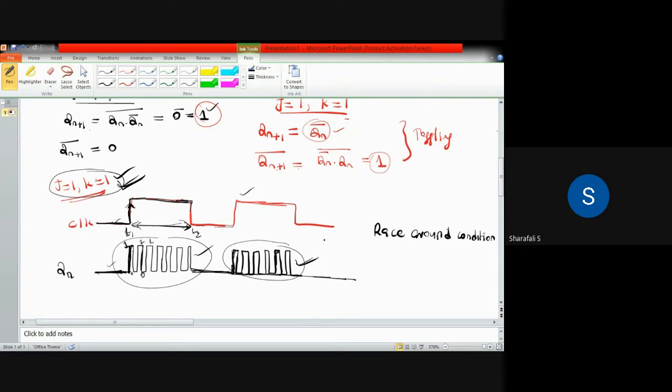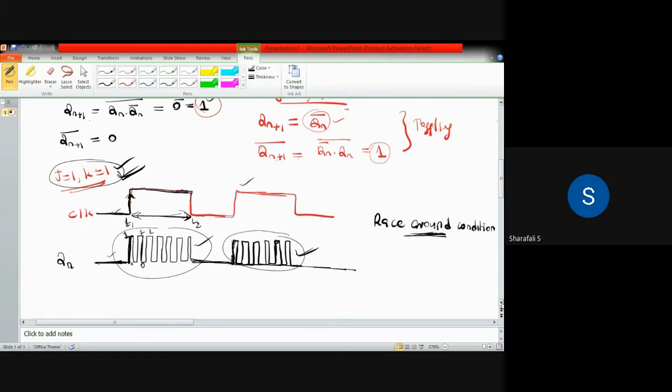I am not going to write out the definition: when you have a JK flip-flop with inputs j equal to 1 and k equal to 1, and the clock is too long, the state of the flip-flop keeps on toggling, which leads to uncertainty in determining the output state. This condition is called the race around condition in JK flip-flop.